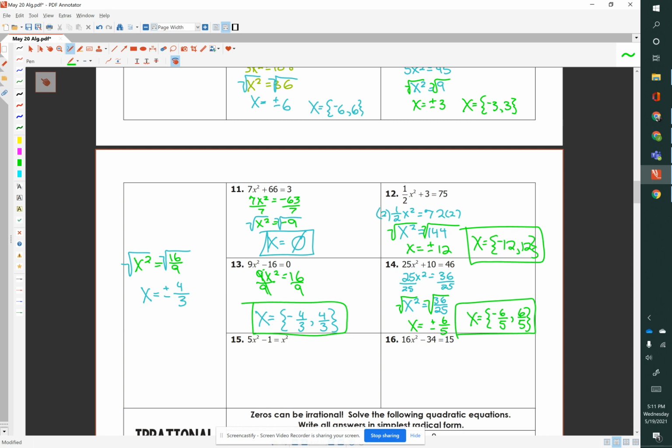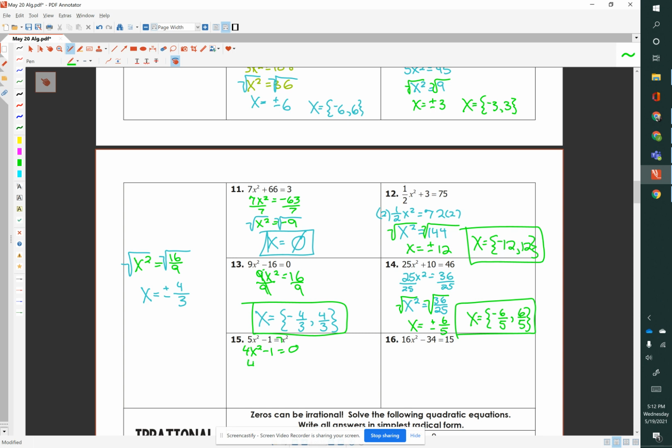And number 15, 5x squared minus 1 equals x squared. So if we subtract this 1x squared from both sides, we're going to end up with 4x squared minus 1 equals 0. And then we rewrite that.